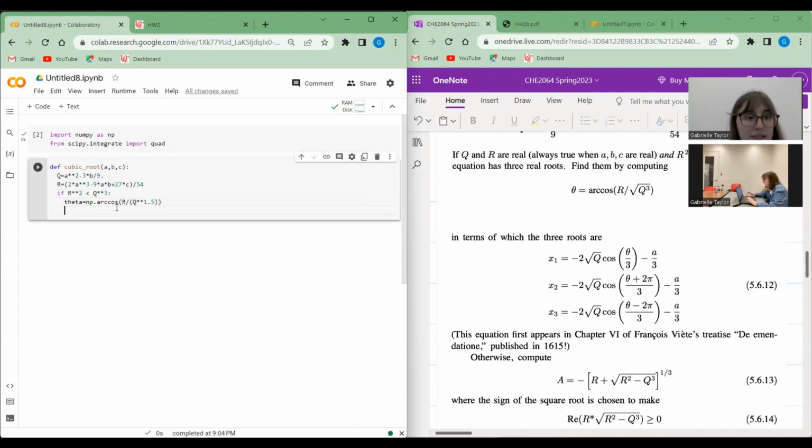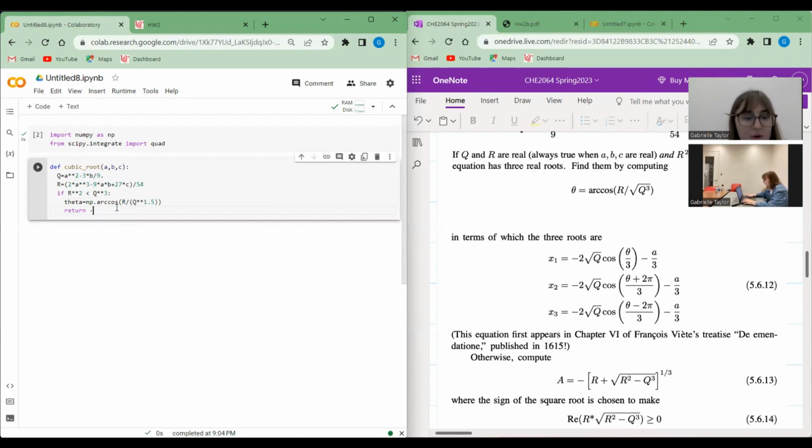Next, after we calculate our theta, we're going to use this theta to calculate our 3 roots. So we want to return our 3 roots using these equations here. Now, if we notice, the only thing different about these 3 roots is what is inside the cosine. So we're going to do an np array with our cosines, but everything else is going to stay the same.